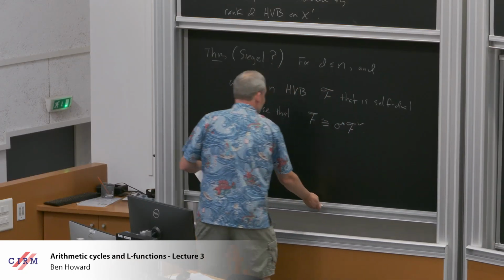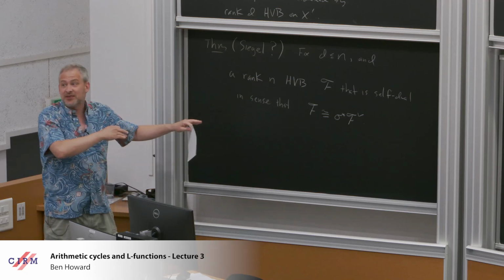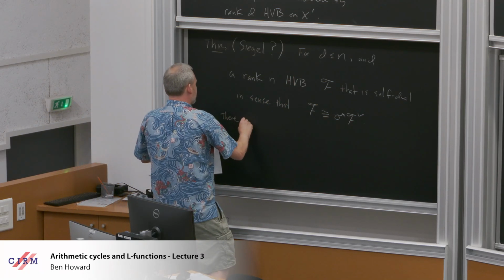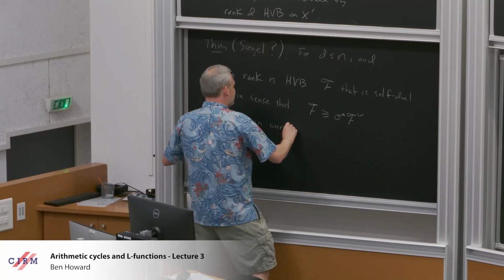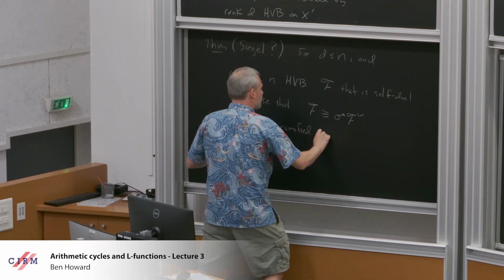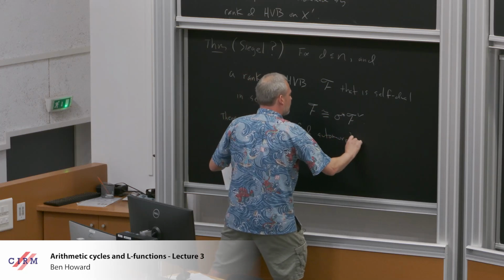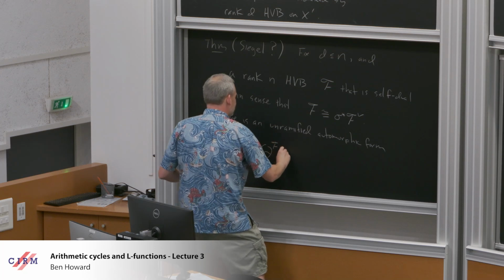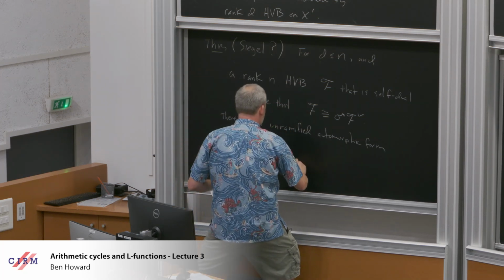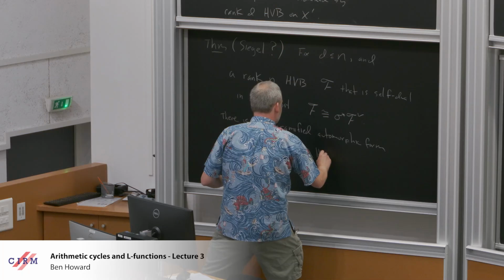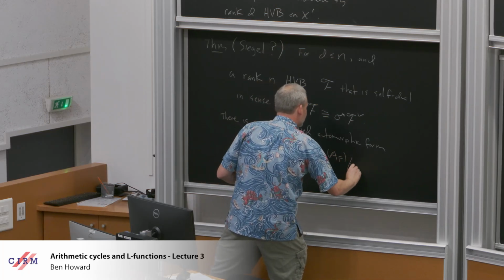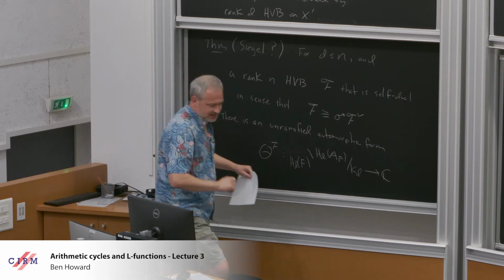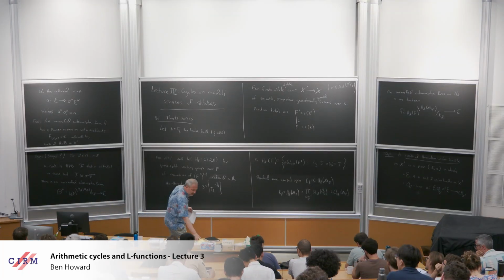Okay, so to this vector bundle and this choice of D, you can attach a theta series. There is an unramified automorphic form, theta upper F, like that, whose Fourier coefficients are the following.